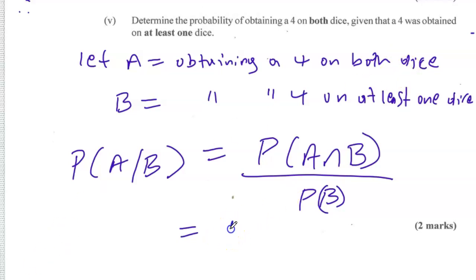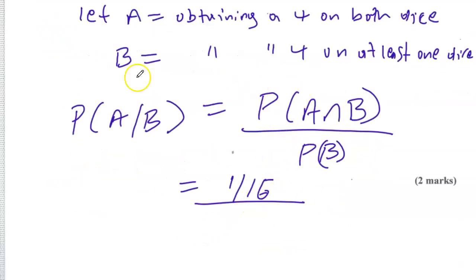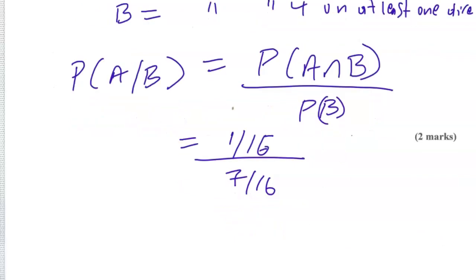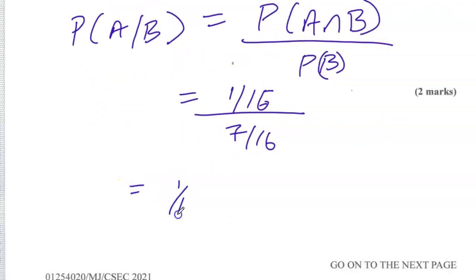Remember, we found that was 1/16, because in the entire sample space we only had a 144. And the probability of obtaining a 4 on at least one die, remember, we found that to be 7/16. So this would be 1/16 divided by 7/16, same thing as multiplying by 16/7. So that into itself is 1. So we are left with 1/7.